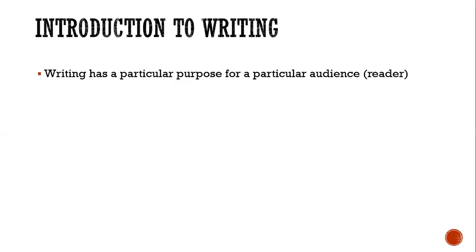Of course, there are many purposes of writing. For example, you can write an essay that you have to do for your teacher, or what we call academic writing. You can write an article if you are into journalism.